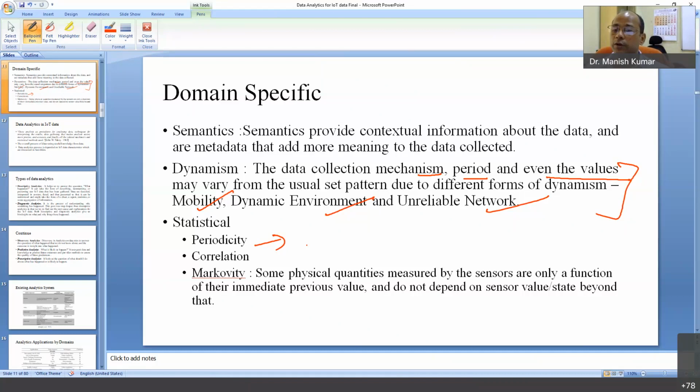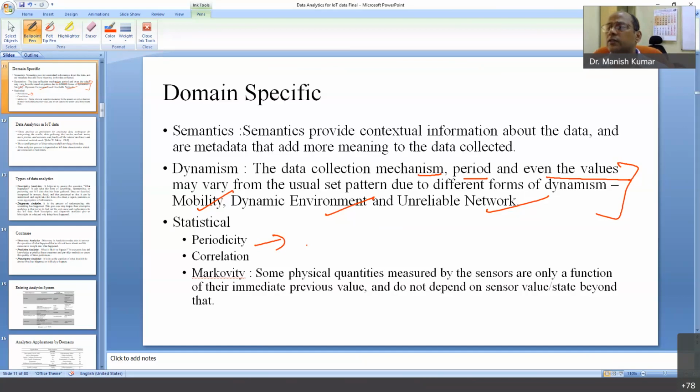Instead of sending a high number of data, we can send the data in an aggregated form, which can significantly reduce the cost of communication. So correlation is one of the important parts of the IoT data environment.